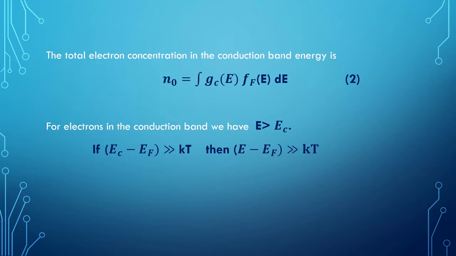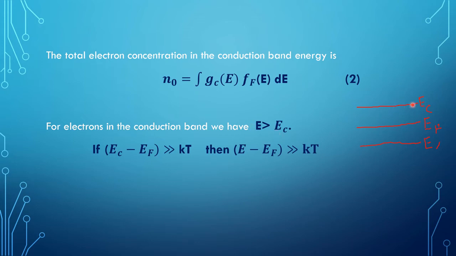Just a minute, we know this is the conduction band, this is the valence band, and this is the Fermi energy. So this is EC, this is EF, and this is EV, right? For electrons in the conduction band, what we get is that E is greater than EC.